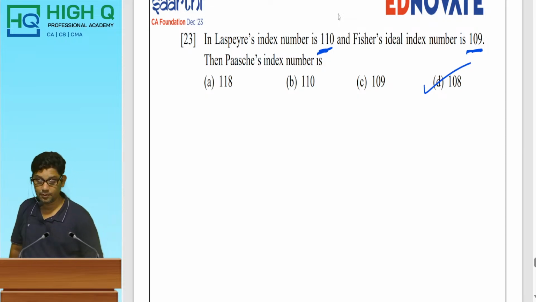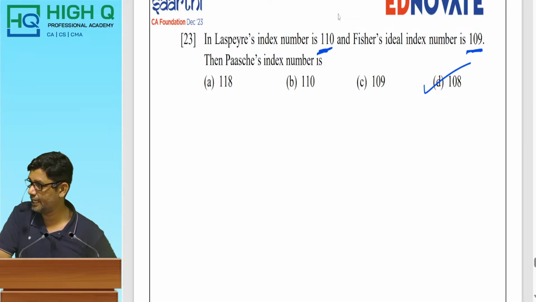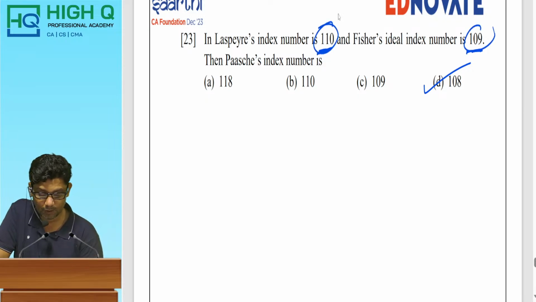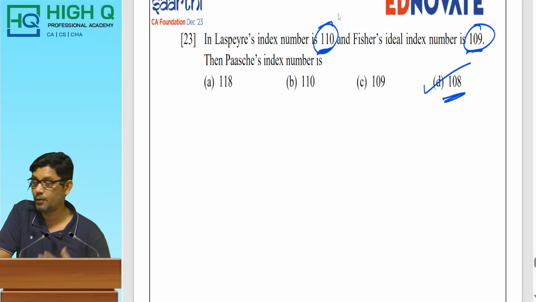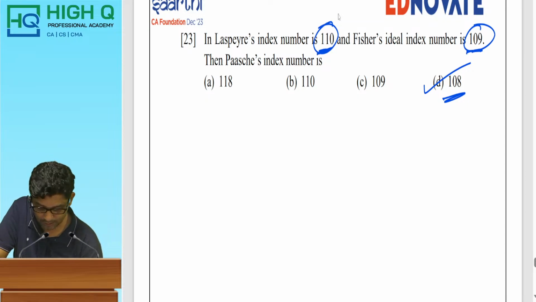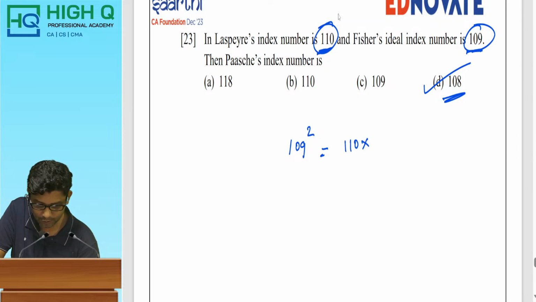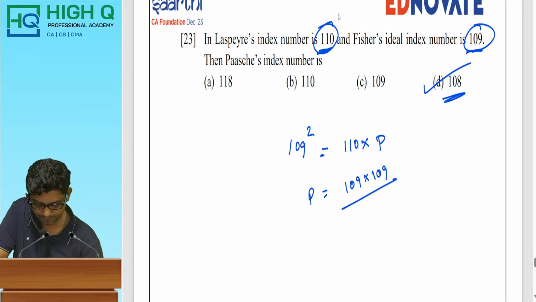Without calculating anything, 108 is the only option available, because look at this: 110, 109, 108. Paasche's must be between both. Now look at this: 109 whole squared equals 110 into Paasche's. So Paasche's is equal to 109 into 109 divided by what? How much is it?